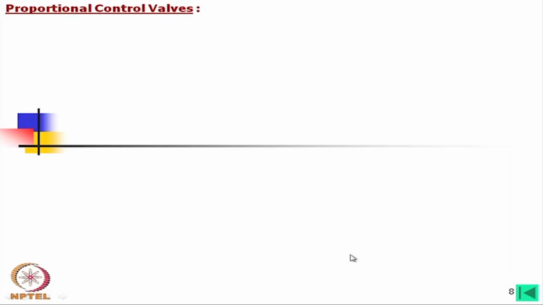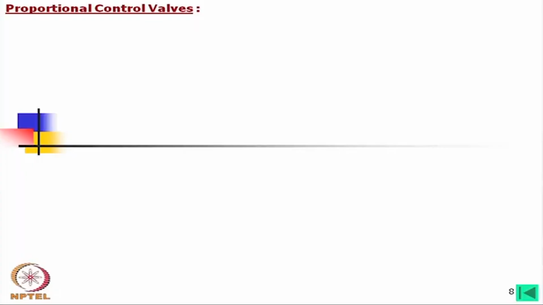Now, we will come to a newer topic, which is called proportional control valve. I have already told you that the mechanical, hydromechanical servo valve was devised almost when fluid power was introduced, but the electrical servo valves, electrohydraulic servo valves, came later.